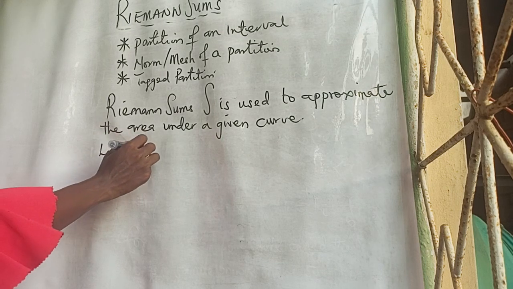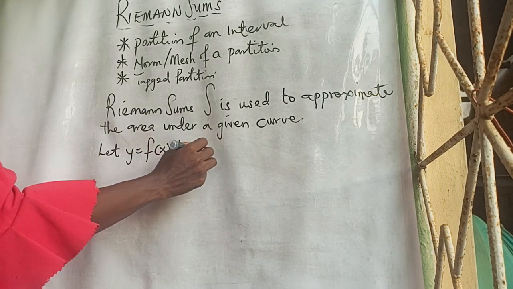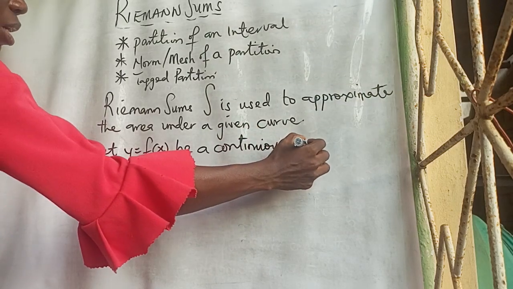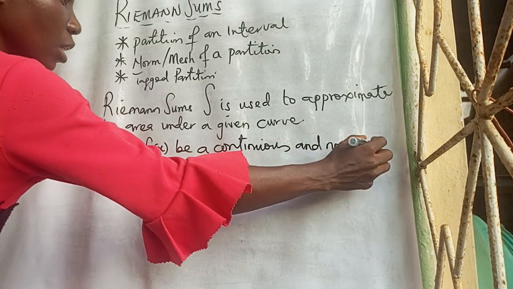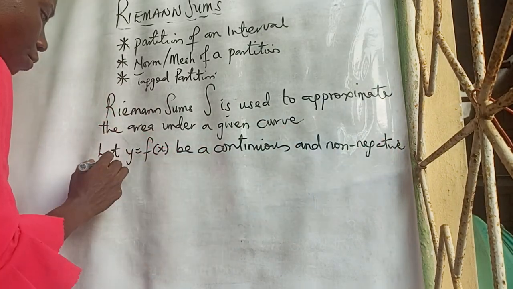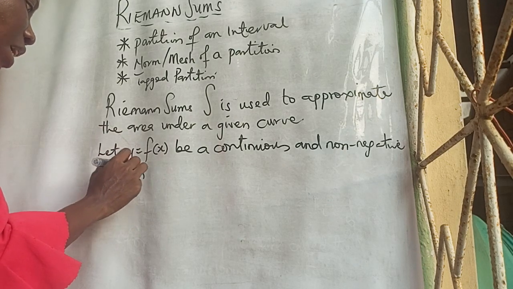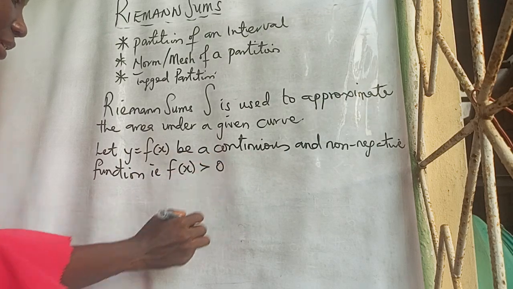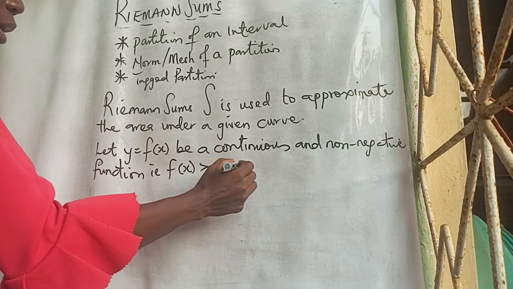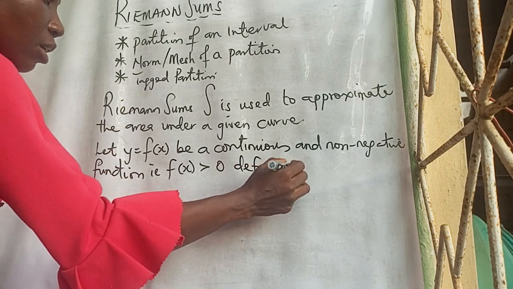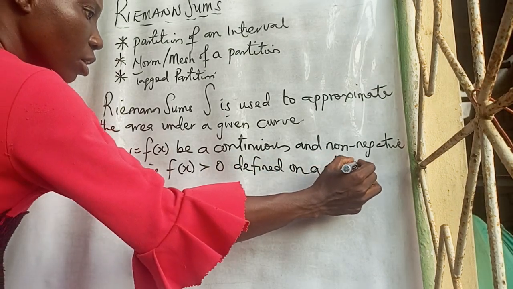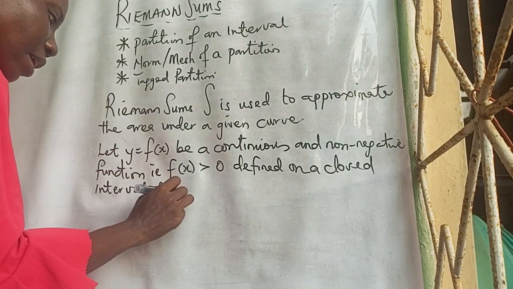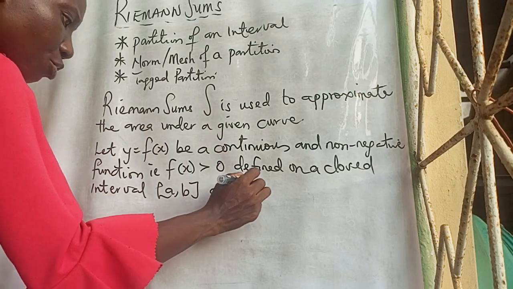Let y equals f of x be a continuous and non-negative function, that is, f of x is greater than 0, defined on a closed interval AB as shown.